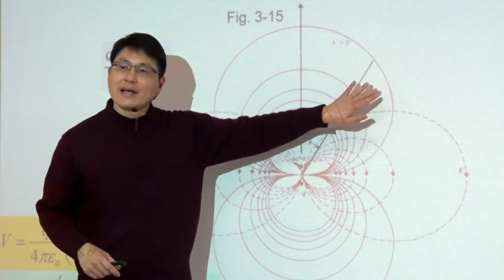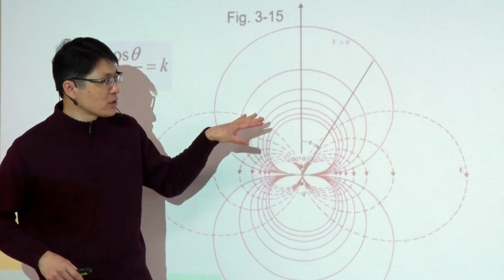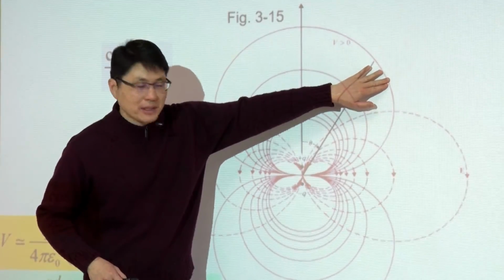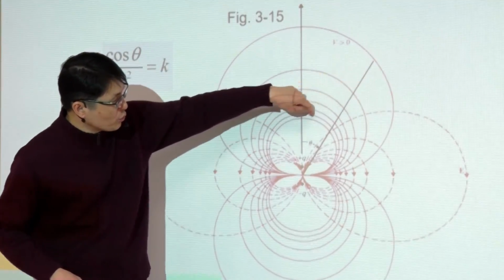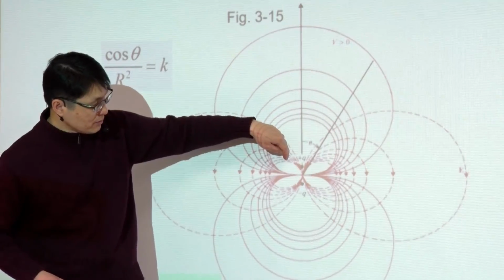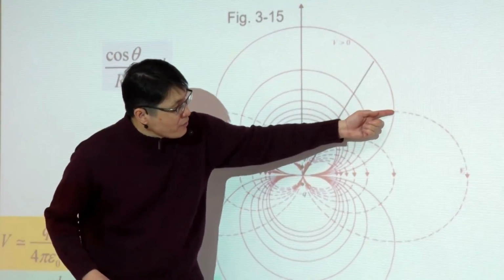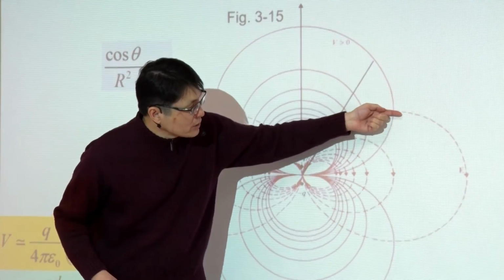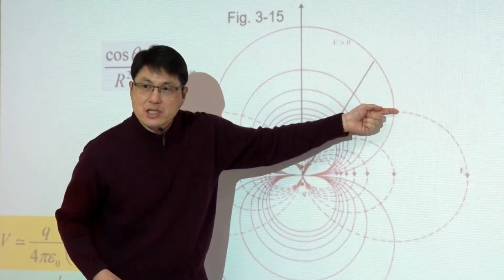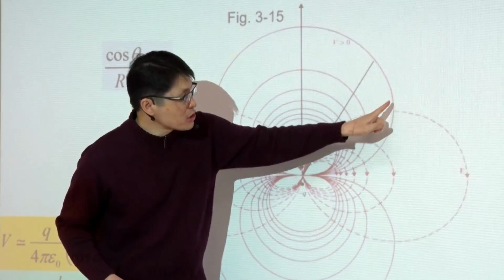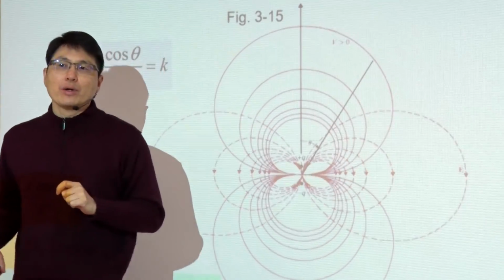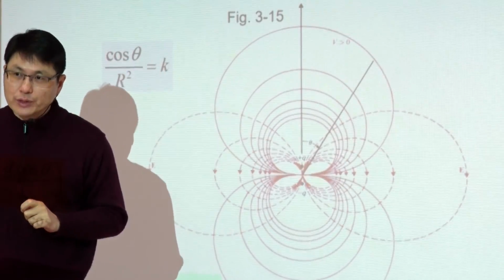This is like the height of the mountain, right? So gradually this is lower potential and we are walking towards higher potential. Everywhere the E field lines, the dashed lines, are perpendicular to the equal electric potential contour.